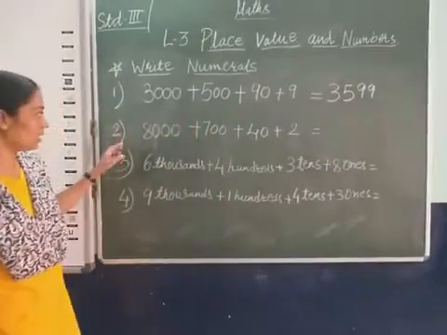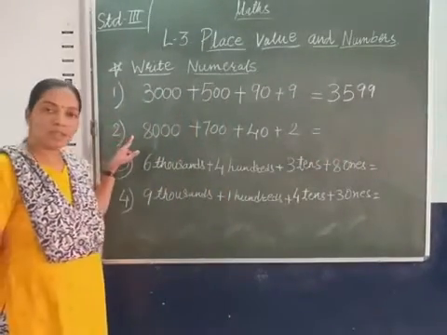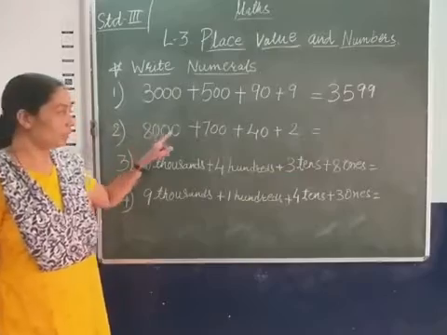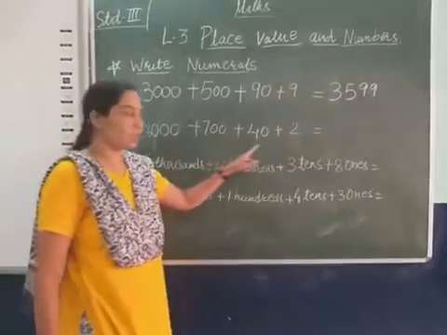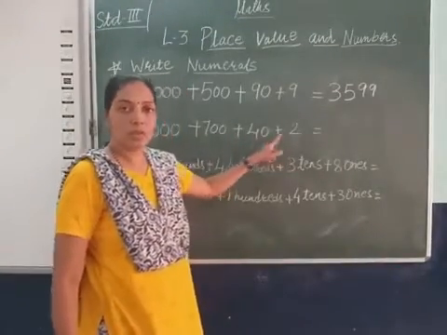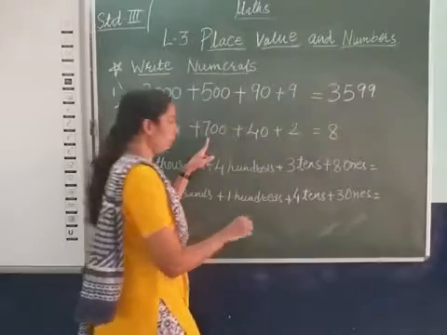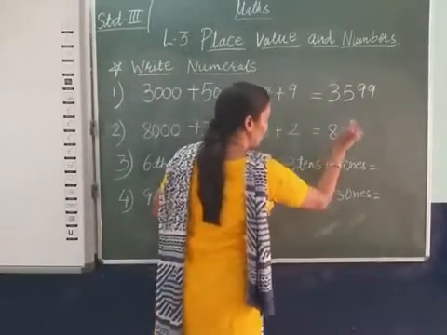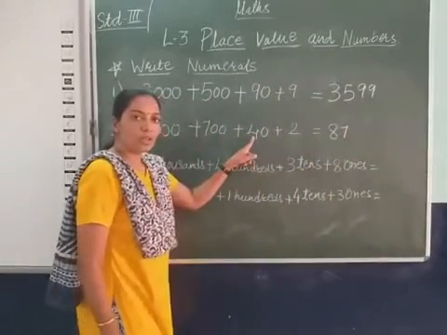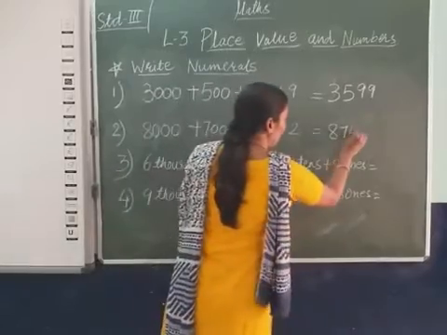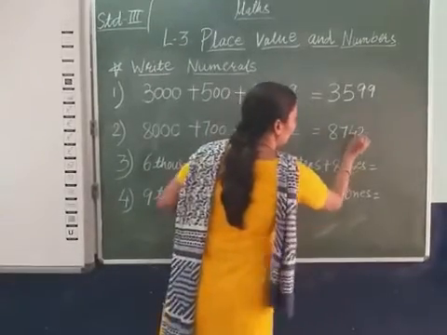The next expansion given is 8000 plus 700 plus 40 plus 2. So number will come 8000, 100 place value is 700. So 7 we will put, 40, 4 on the tens place and the 2 on the ones place.